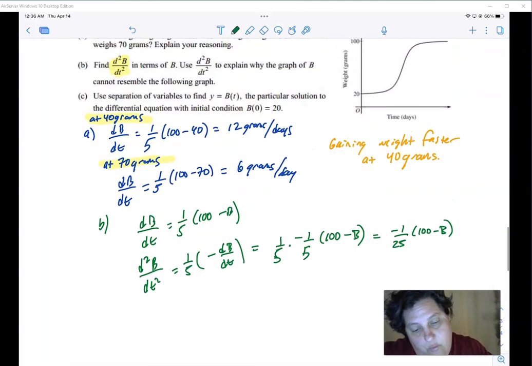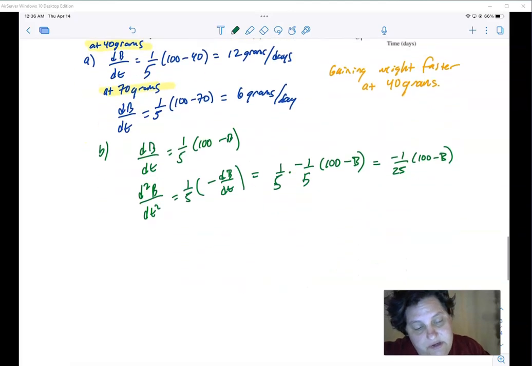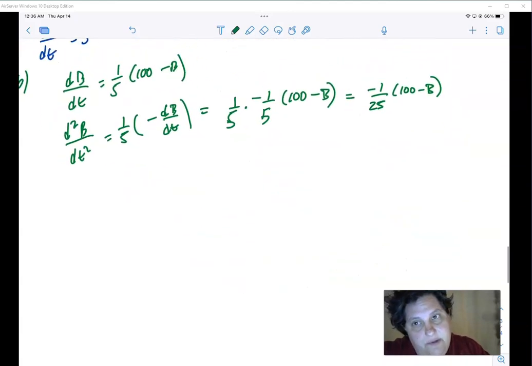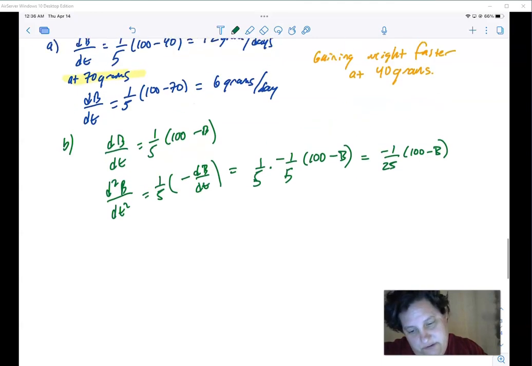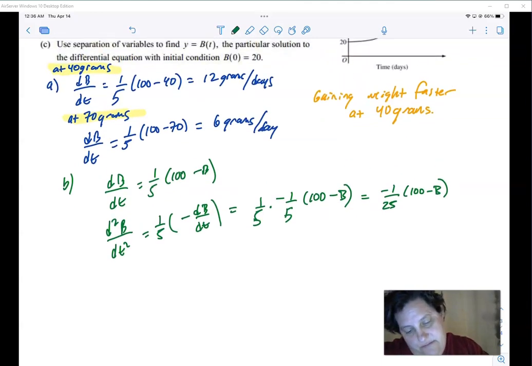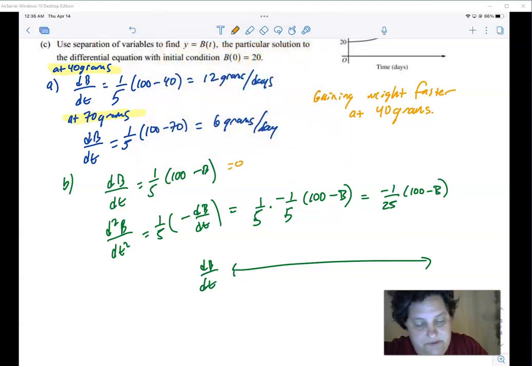Now, why can't it look like this? First thing I know, b is always increasing. But is that true? Let's look at a sign line graph for the first derivative. When we're making sign line graphs, we ask where the derivative equals 0. Obviously, that's at 100.